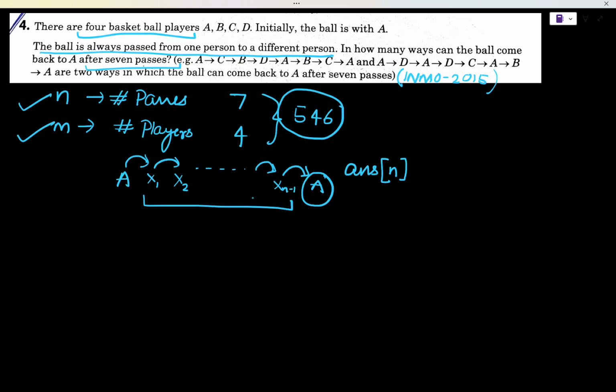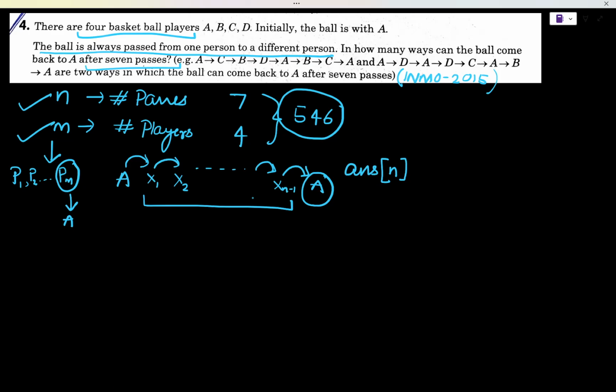Let me call these m players P1, P2 up to Pm. And for the sake of completeness, let's say the mth player is A. So there are m players including A, and without any loss of generality, I'm assuming that the mth player is A.